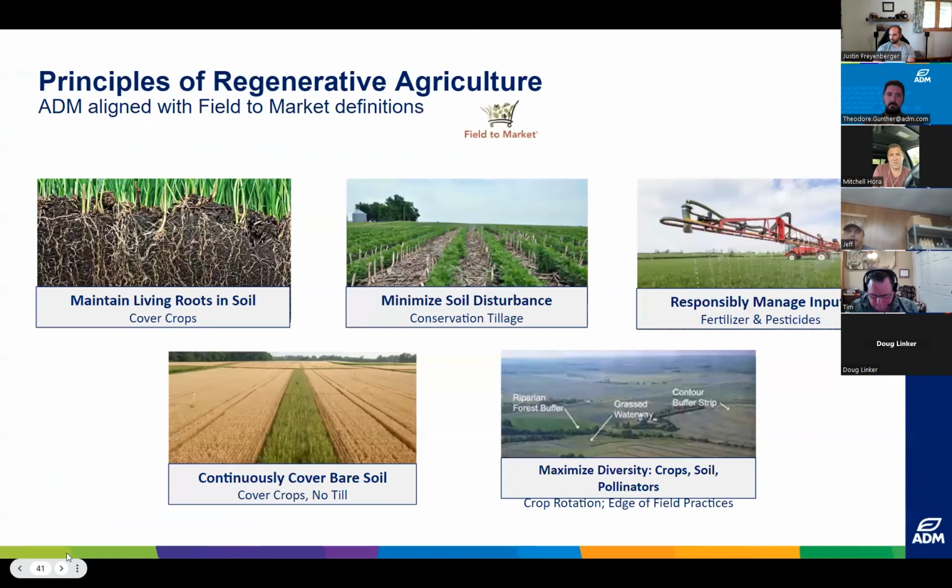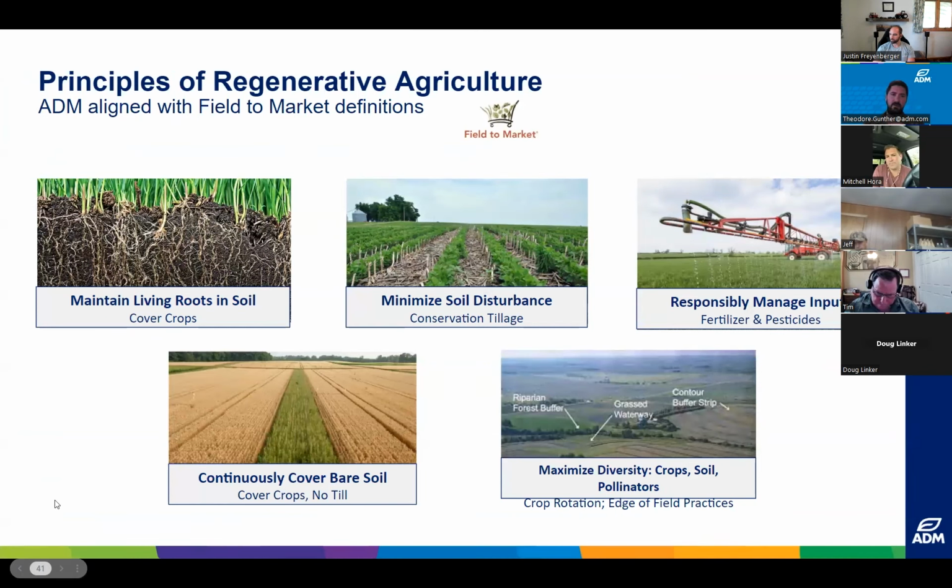Yep. And on the next slide, we can get into a little bit more detail about what we have. I guess all of our programs are going to be aligned. We've been a member of Field to Market, and many of our programs are Field to Market affiliated. But really this is what your organization does all the time, right?